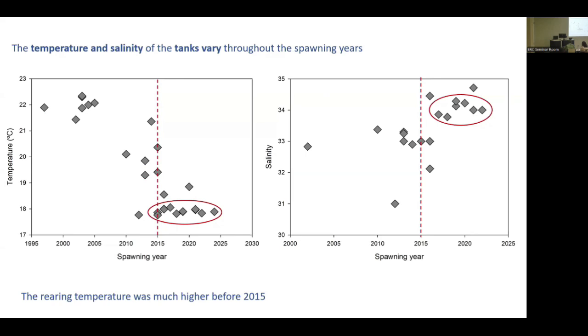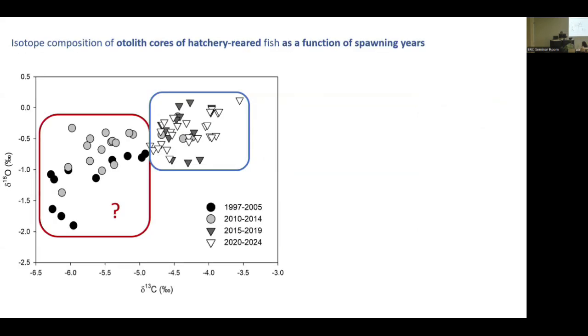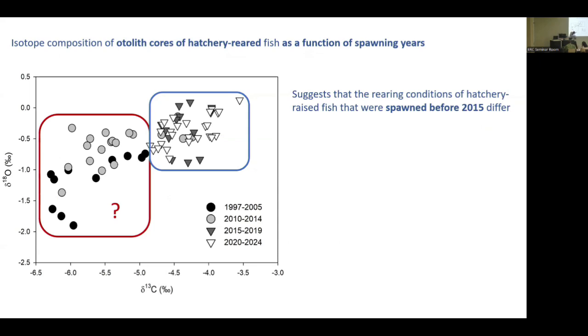Now the tanks have been kept at around 34 units of salinity. So that is important for us because with that, we can suggest that the breeding conditions of hatchery fish differ from those in 2015 and before.